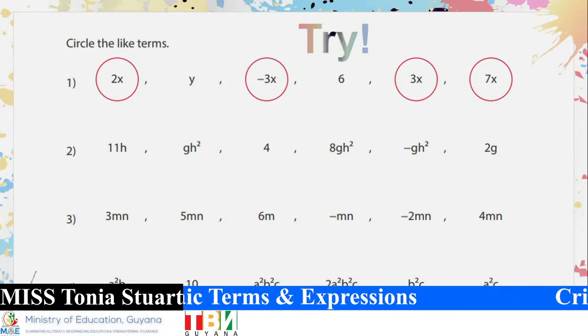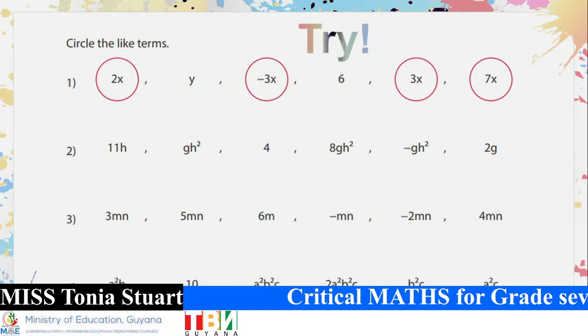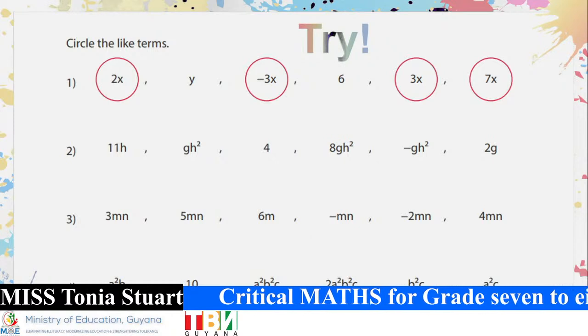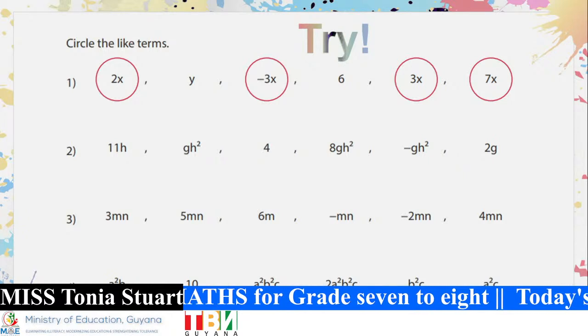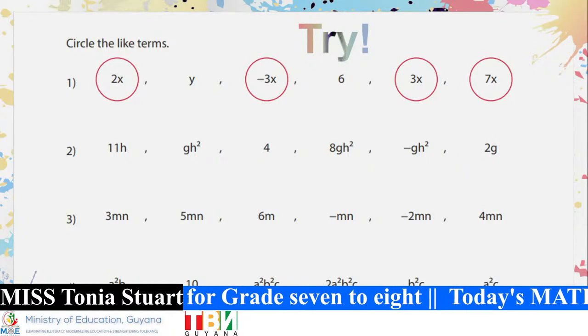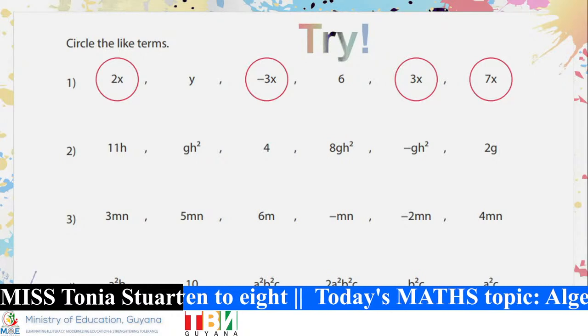Okay. Shamar, do you agree? Yes, I'm not too sure. Not too sure? And Aliyah, do you agree with her? Yes, miss. All right. If you look at those terms, all of them either have something more or something less. Agree? Yes, miss.